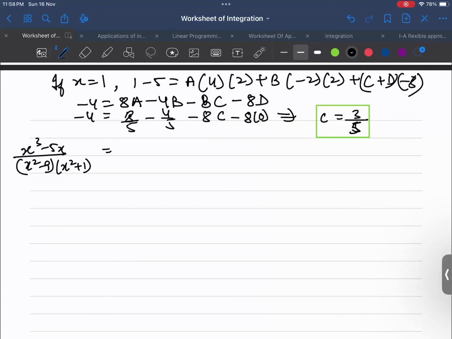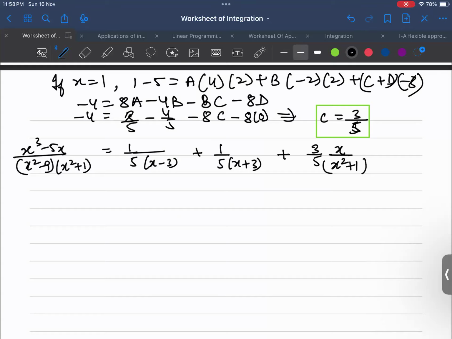Seems to be 1 upon 5 times x minus 3, plus 1 upon 5 times x plus 3, plus 3 upon 5 times x upon x square plus 1.